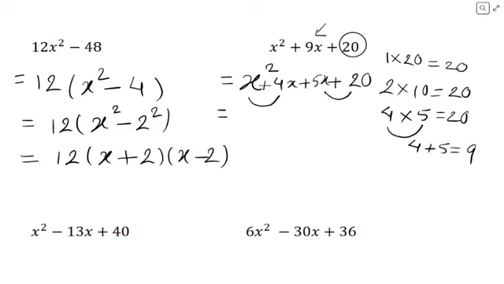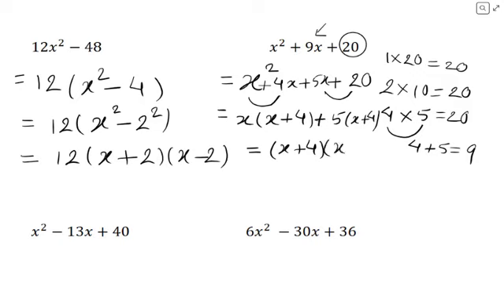Here x is factored out, and what remains is x plus 4. And then plus, 5 is common here, so 5 is factored out, and if you divide 20 by 5, that is 4, so x plus 4 remains. Now x plus 4 is factored out again, from here x, and from here 5. So this is how we factorize these kinds of expressions.